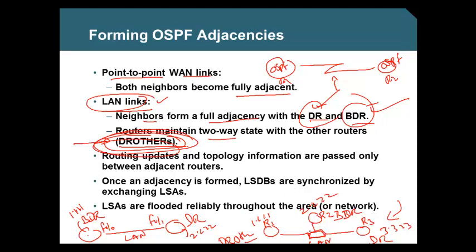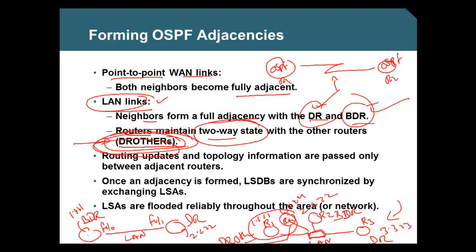Now, let's say I have another router, 4.4.4.4, R4. This is also DR other. Between these two routers, they will have only a two-way state relationship.